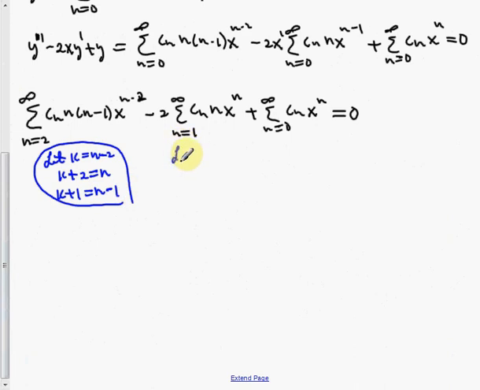And over here, let k equal to... I always go by that exponent up there in terms of what k is to equal to. So let k equal n. Right? So nothing else to do there. And then over here, likewise, let k equal n.